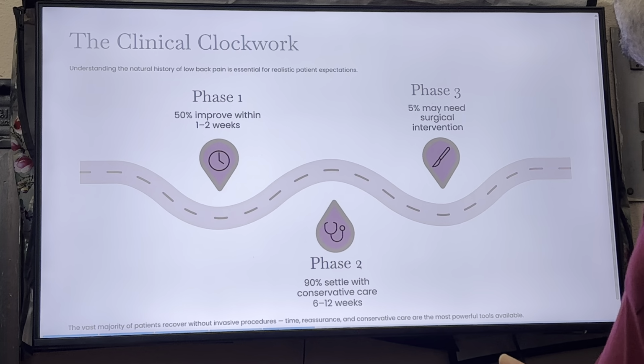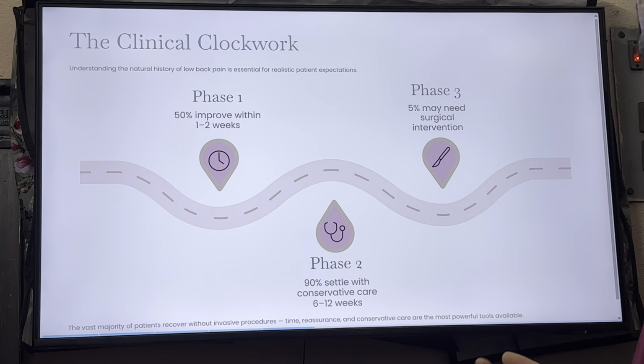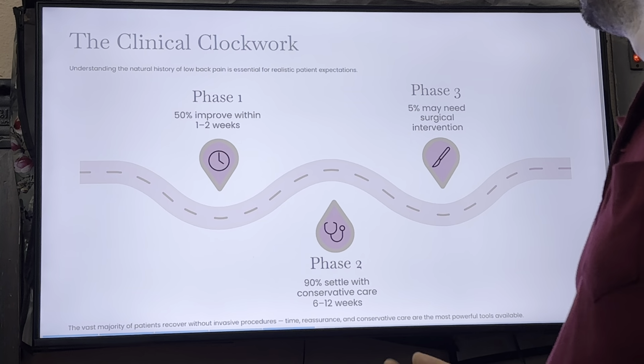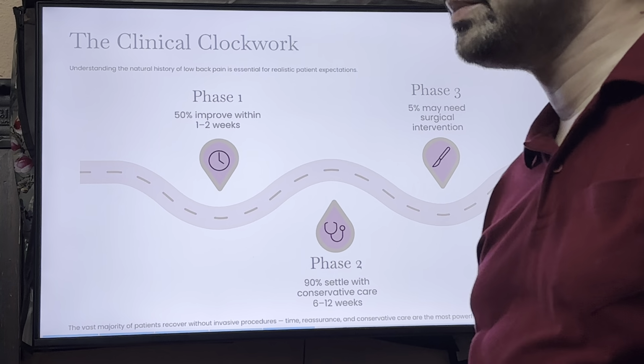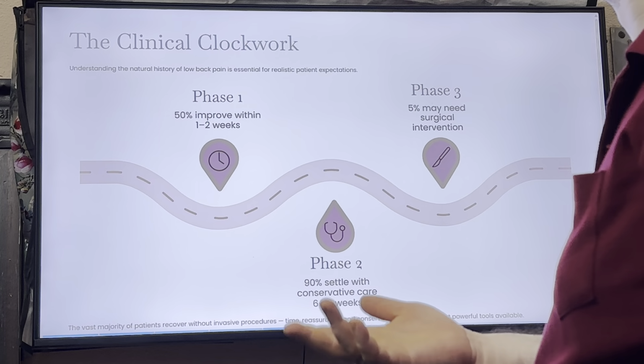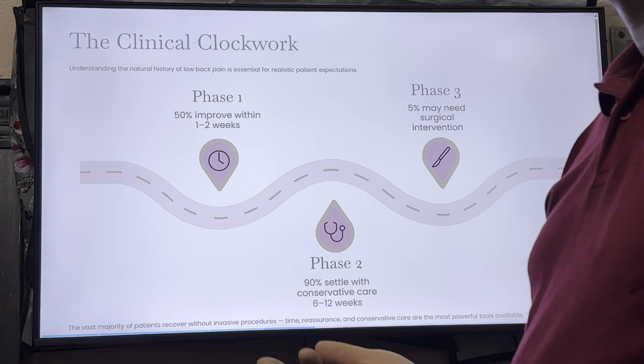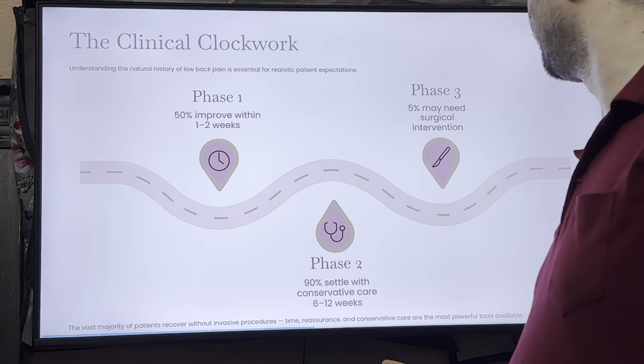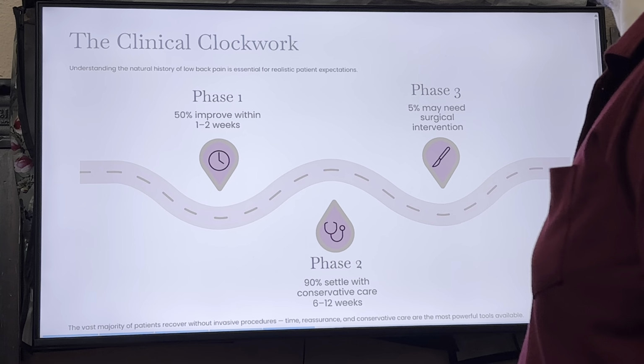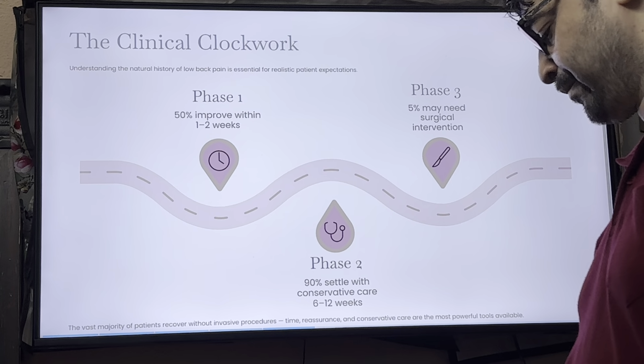Phase 3: about 5% may need surgical intervention because of neurological deficit: decreased sensation, weakness, bladder or sexual dysfunction.